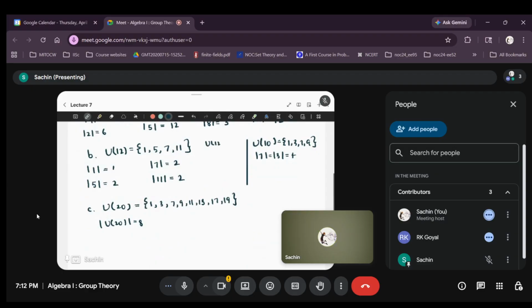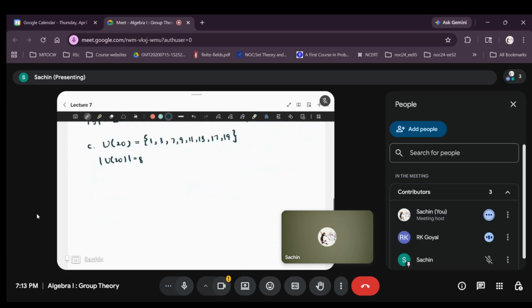Here this was 4. 49 you can write as 9, right?